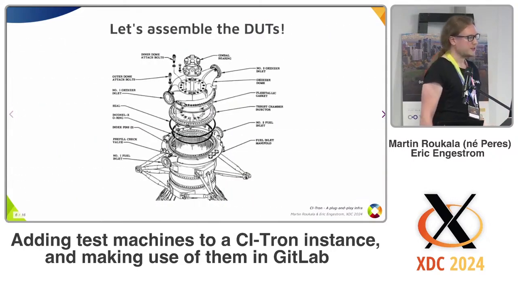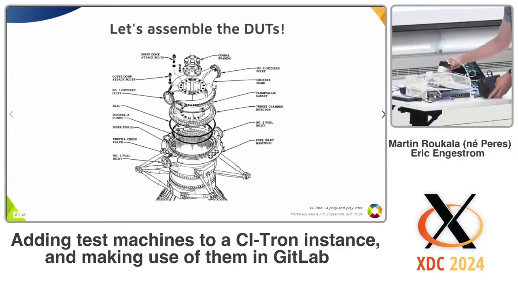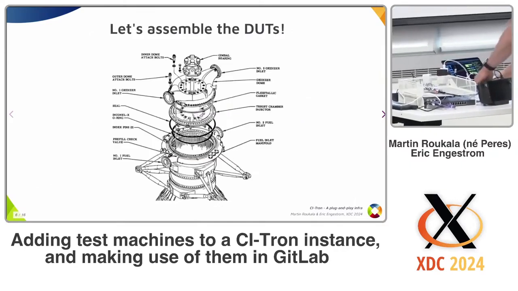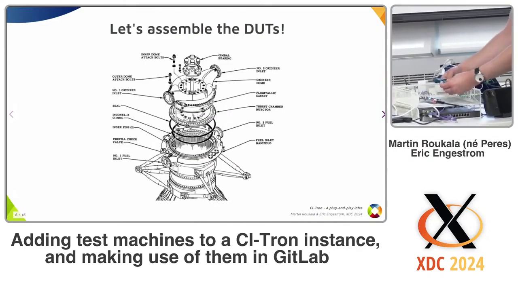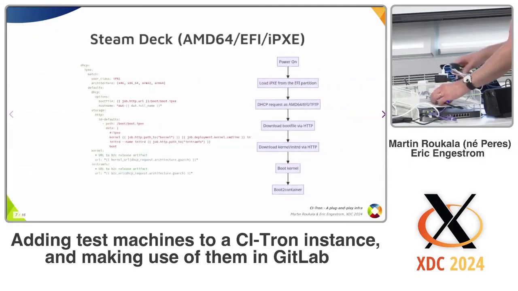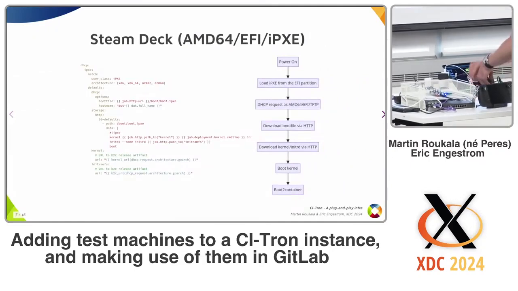So let's assemble the DUTs. Martin's going to set up each machine one at a time, and I'll explain the boot flow. Yeah. So first off, we have the Steam Deck. We use a smart plug to control the power remotely, and it's connected on the battery relay.